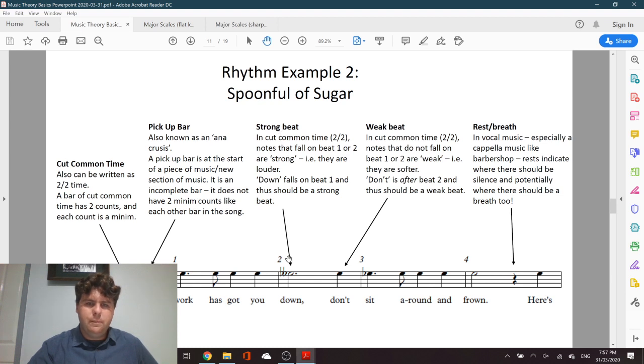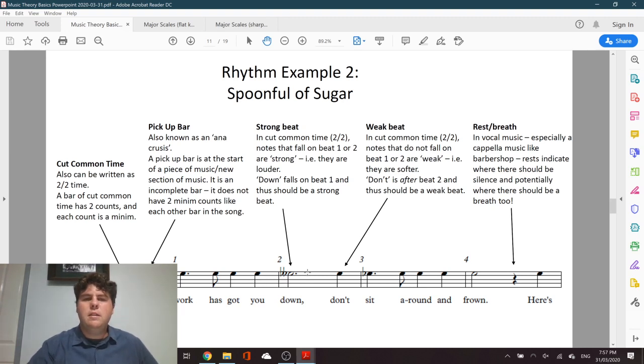So, strong beats. In cut common time, 2/2, notes that fall on beat 1 or 2 are strong, i.e. they are louder. The word down falls on beat 1 and thus should be a strong beat. So when I'm singing, when work has got you down, don't sit around and frown.